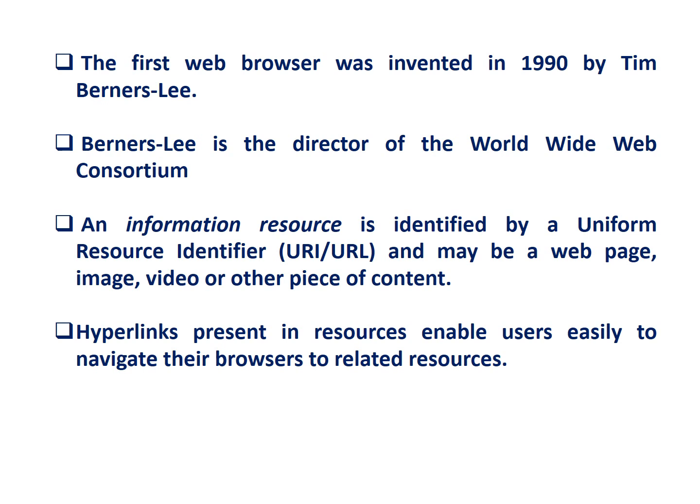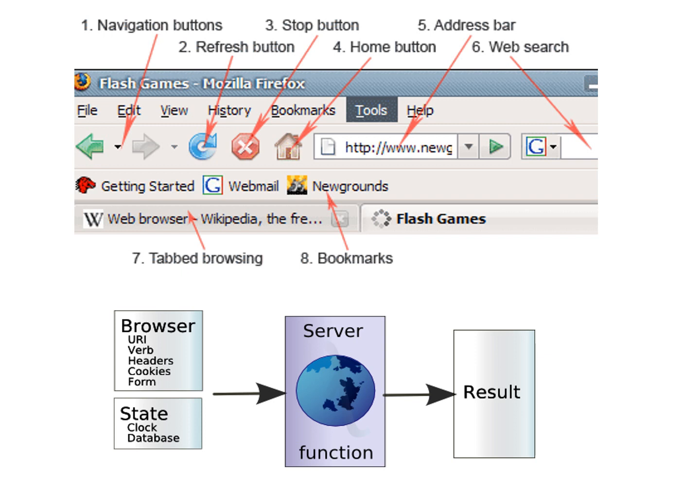Hyperlinks which are present in the resources enable the user to easily navigate their browsers to related resources. Usually, the home page of a browser has different buttons and different types of bars.